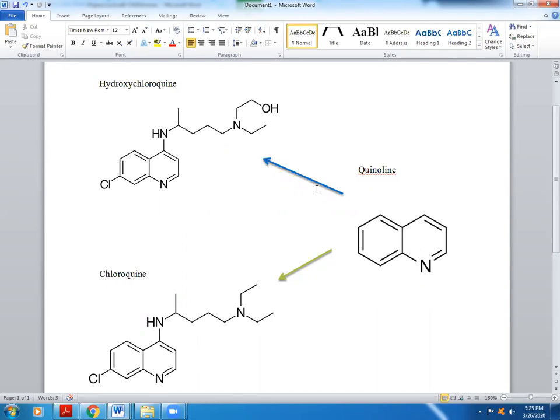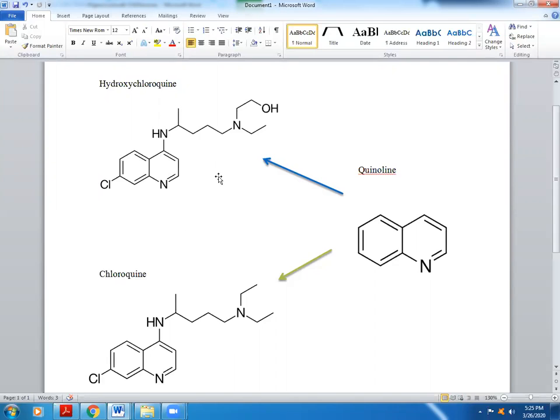And it undergoes a series of reactions to make hydroxychloroquine and chloroquine. Chloroquine has been made for almost 100 years now. And hydroxychloroquine is more recent, like still an old drug, but it's more recent. They, again, are made for anti-malaria drugs. Hydroxychloroquine is used because it's less toxic and more potent.